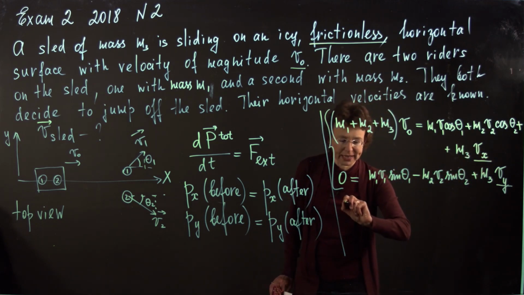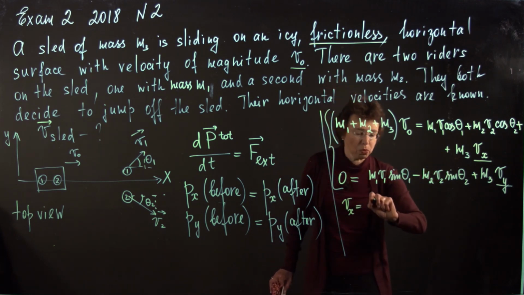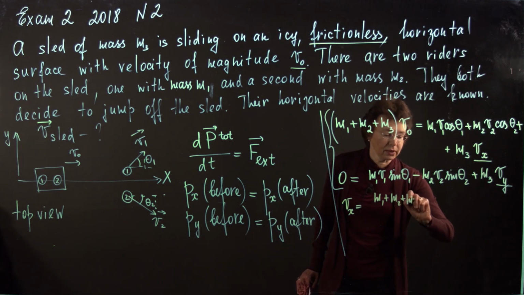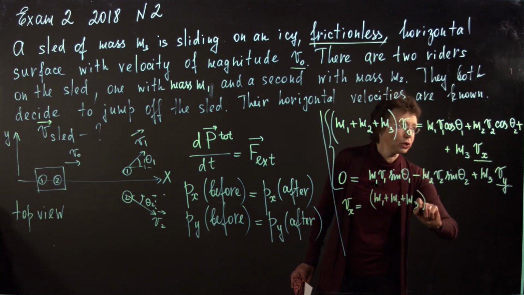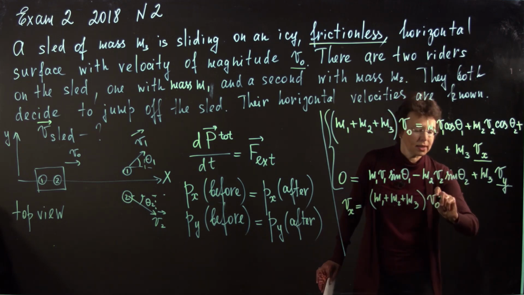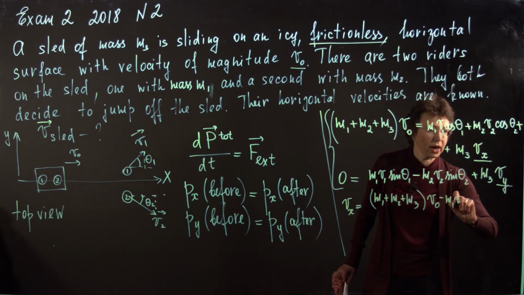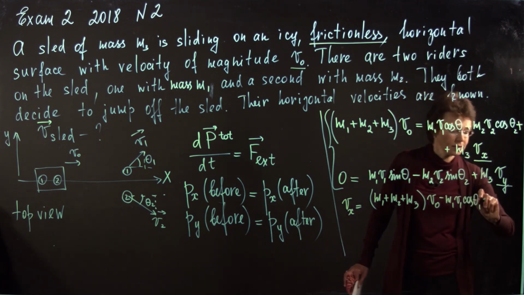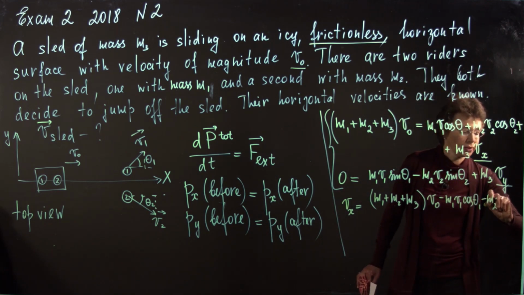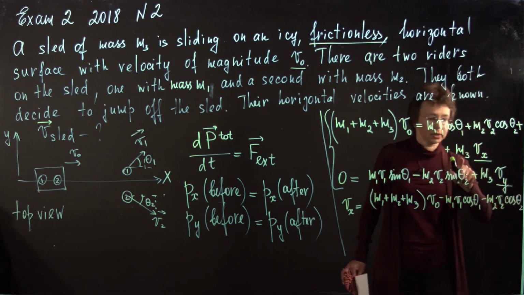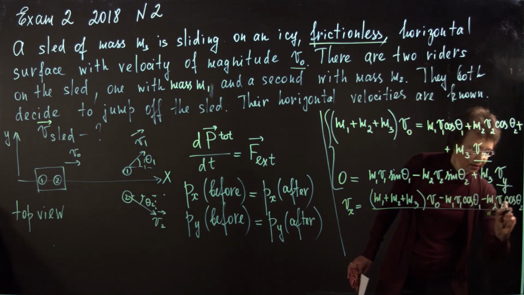So what is v sub x? V sub x from the first equation is (m1 plus m2 plus m3) v naught minus m1 v1 cosine theta 1 minus m2 v2 cosine theta 2, divided by m3.